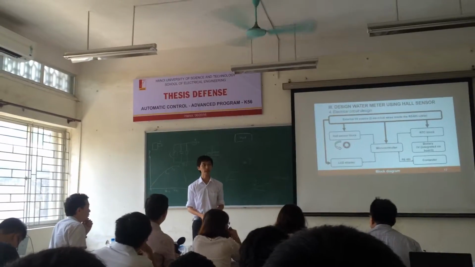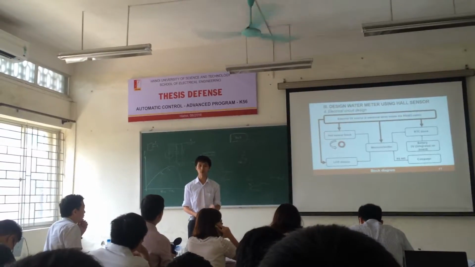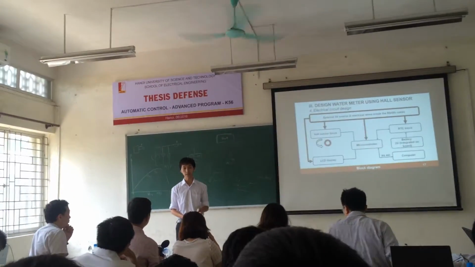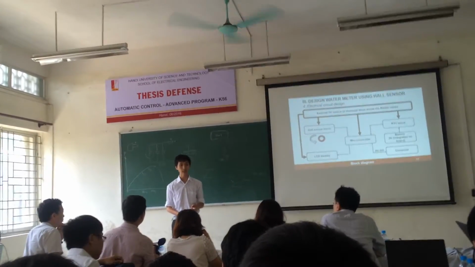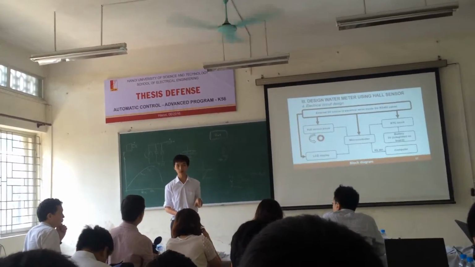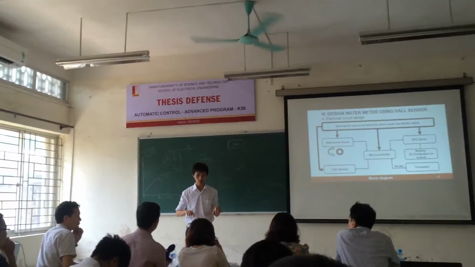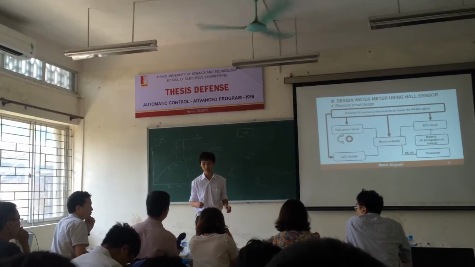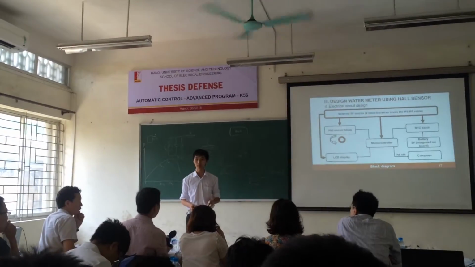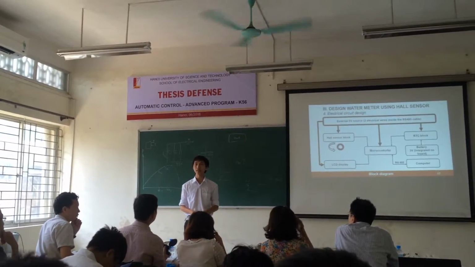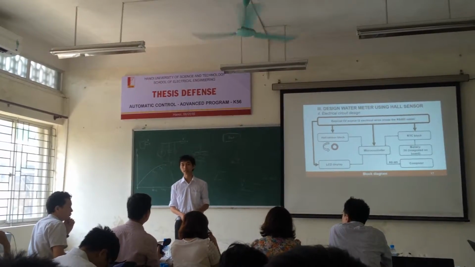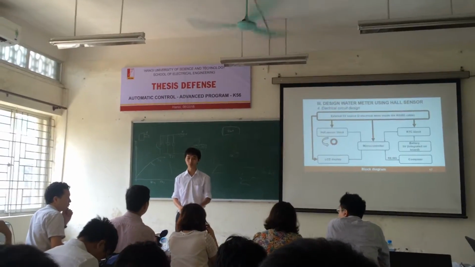It cannot recognize the reverse and the forward flow. One solution is that we can put four sensors, as I talked about. We put four sensors opposite to each other, then we can get rid of that problem. But it's a bit too complicated to manipulate.